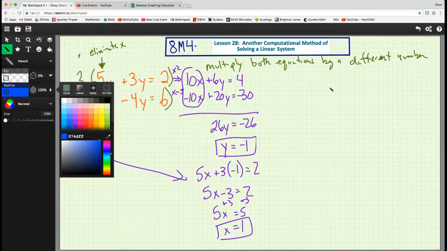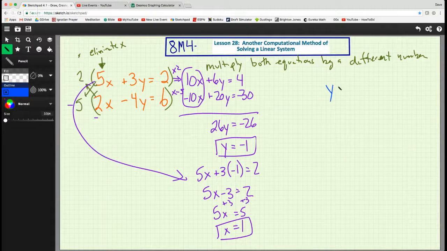So sometimes you get a problem that says like y equals 2x plus 4, and then you'll get another on the bottom.